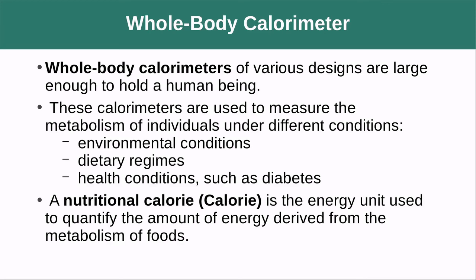So you eat a certain amount of energy, but you don't necessarily use it all. Some of that food just goes completely unused and goes right through your body, and it never really gets burned as fuel inside your body. So they have this idea of the nutritional calorie, which is the energy unit used to quantify the amount of energy derived from the metabolism of food.